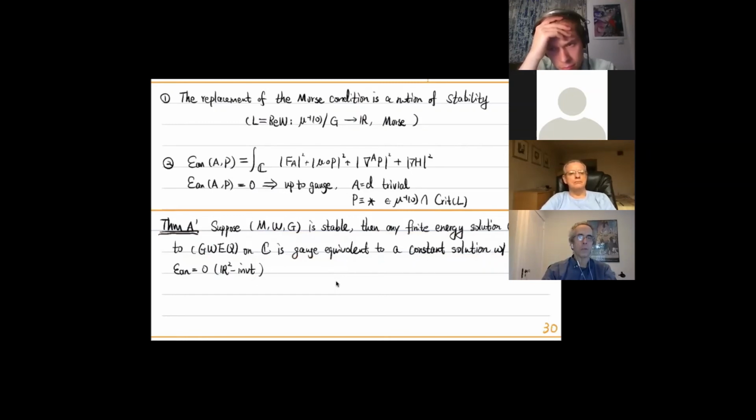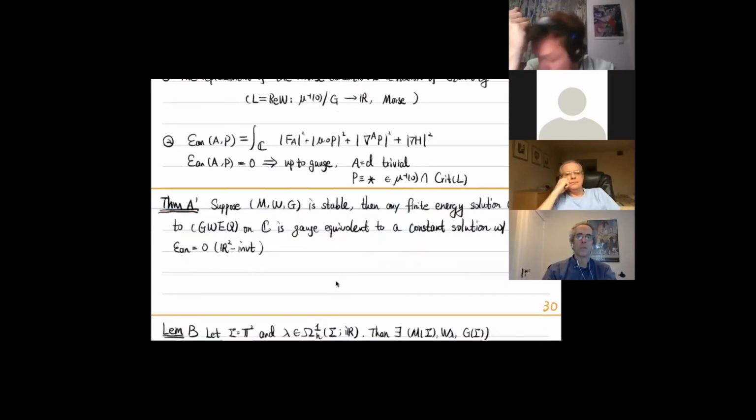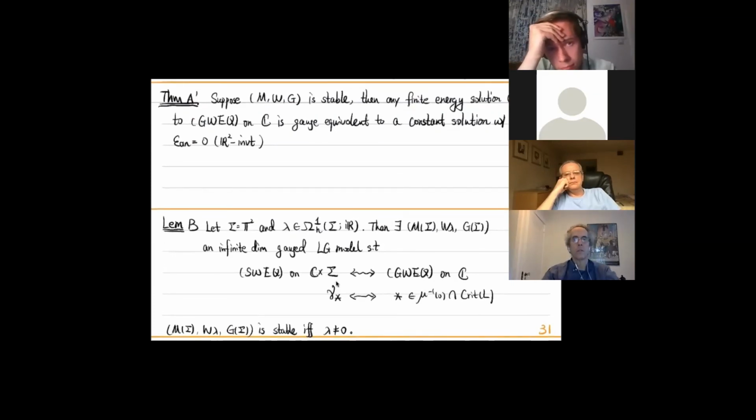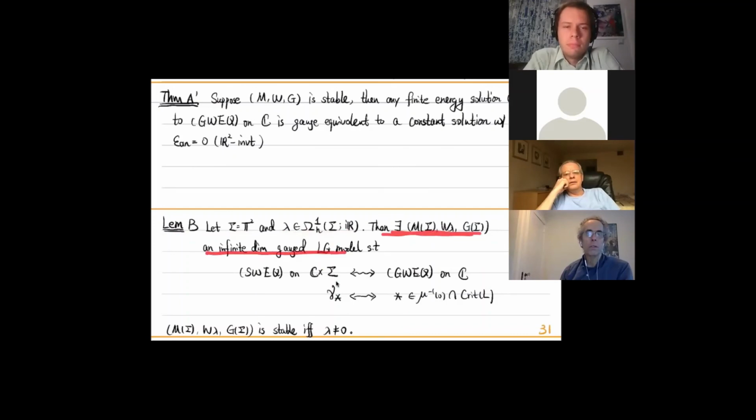So Theorem A prime is already similar to Theorem A, and their relation is explained by the following lemma. Suppose our surface sigma is connected, and we take any harmonic one form lambda. Then we can construct an infinite dimensional Landau-Ginzburg model such that the Seiberg-Witten equations on C times sigma, perturbed by the standard 2-form, are equivalent to the gauged weighting equations on the complex plane.